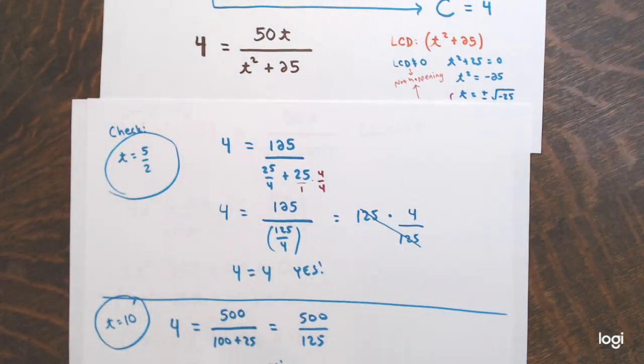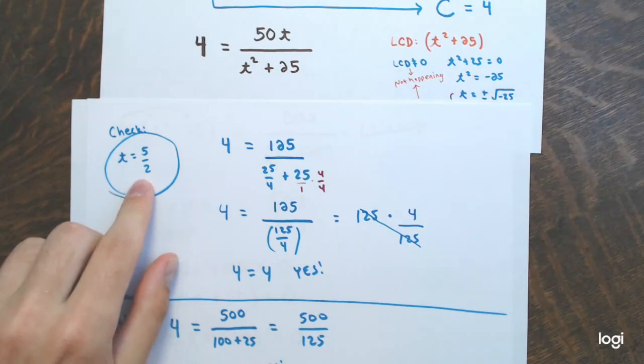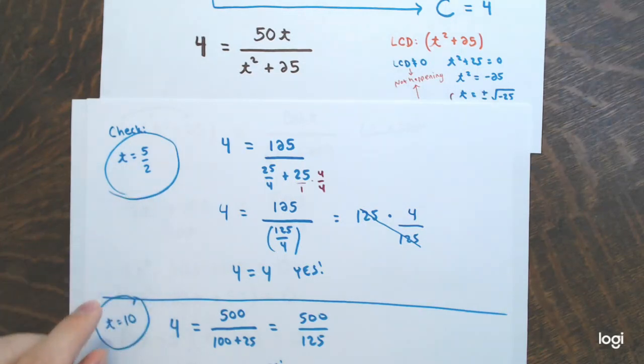All right. Now let's think about what this means. So this means that the concentration of the drug in a person's blood, in milligrams per liter, would be 4 milligrams per liter at 2.5 hours, remember t represented time in hours after the injection, or also 10 hours after the injection.